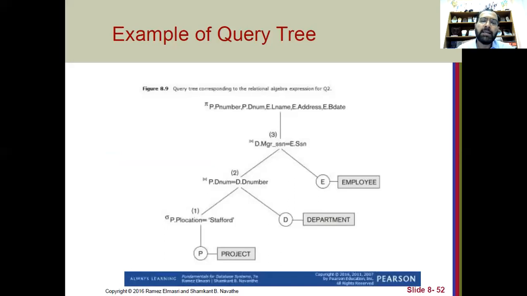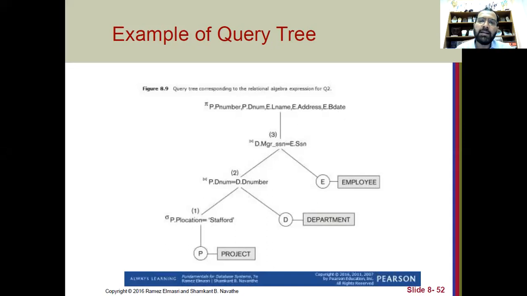So here you can see the example of a tree. In the first phase you can see which operator is involved: pi represents the project operator, which tells us which attributes are involved.